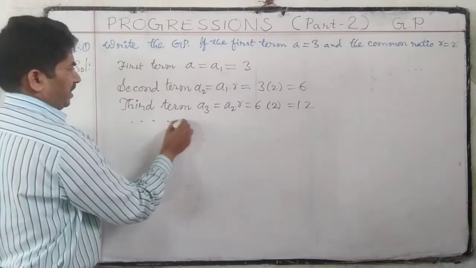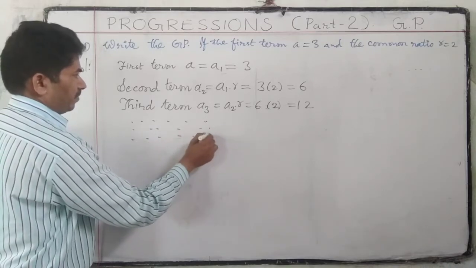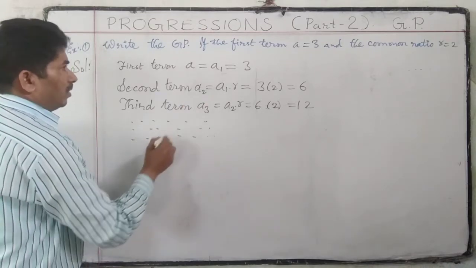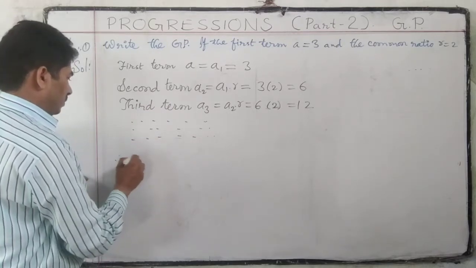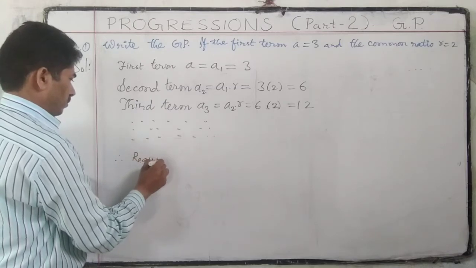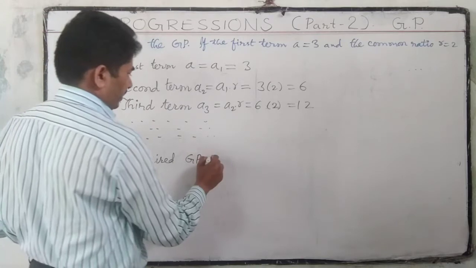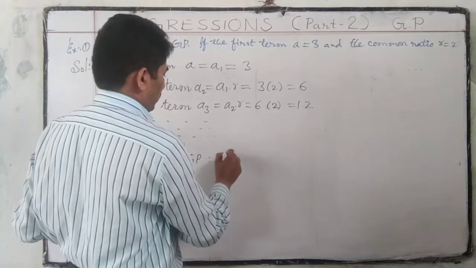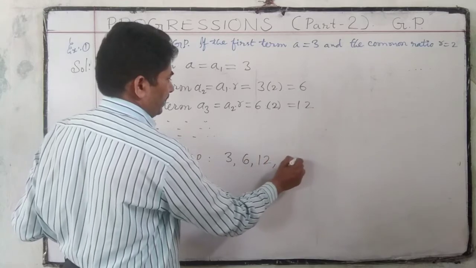So like this we can get the terms and so on. We can write a GP. Therefore, the required GP is 3, 6, 12 and so on.